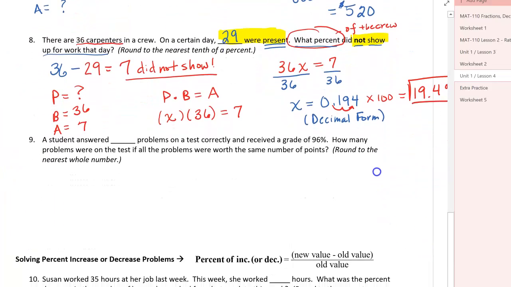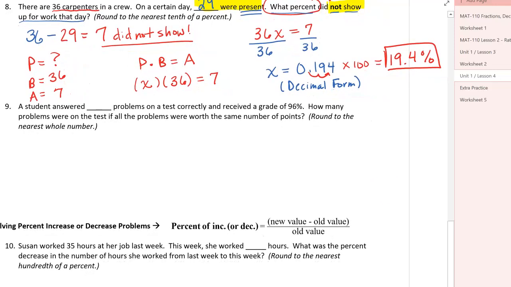All right, finally, in example 9, a student answered 86 problems on a test correctly and received a grade of 96%. How many problems were on the test if all the problems were worth the same number of points? So again, we want to identify the percent, the base, and the amount. In this case, the percentage is 96%, which as a decimal would be 0.96.